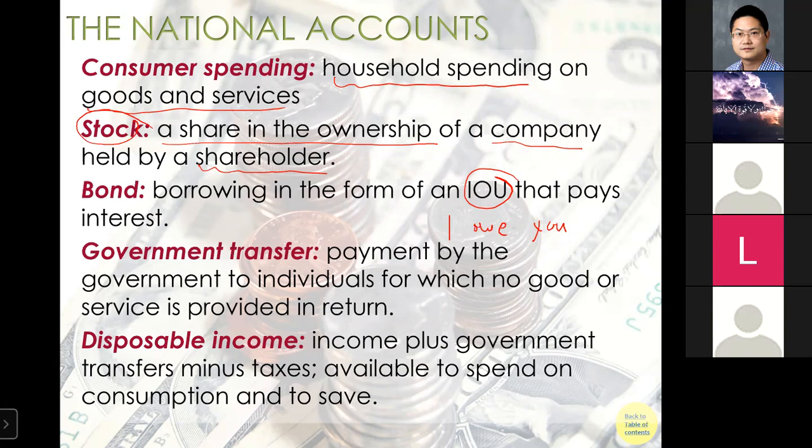And in reality, this bond typically refers to a corporate bond or a government bond. If it is a corporate bond, the company borrows from households. If it is a government bond, the government borrows from households. So they both borrow in the form of an IOU, and that's going to pay you certain interest.